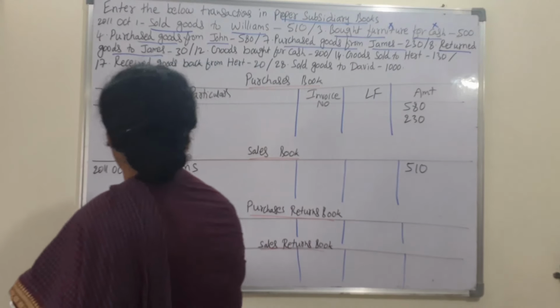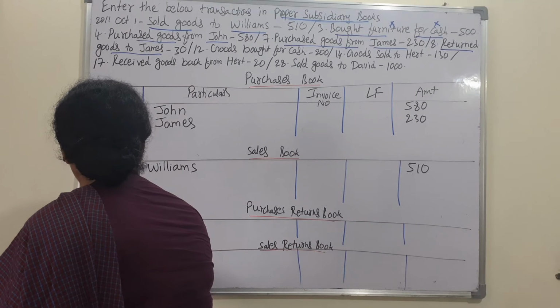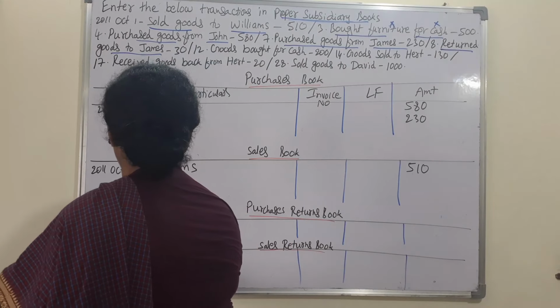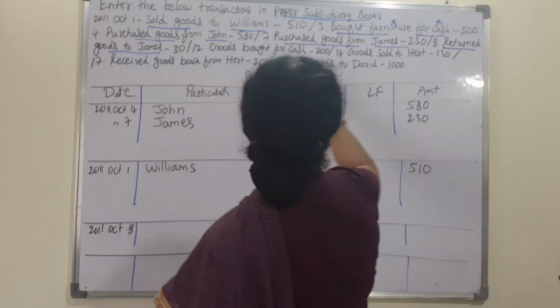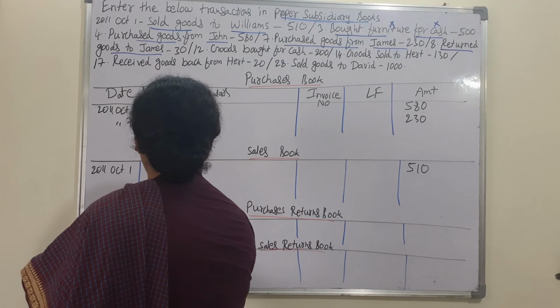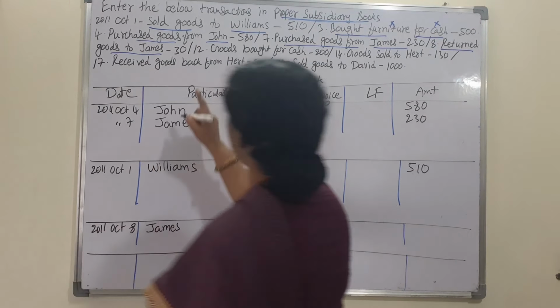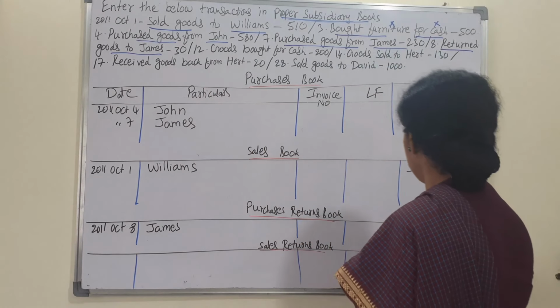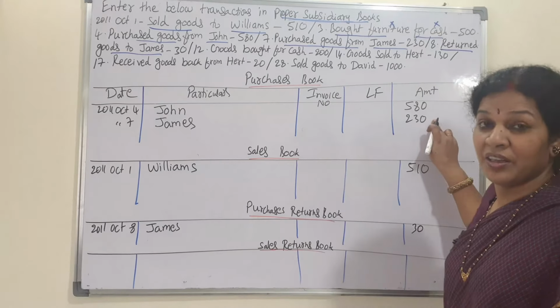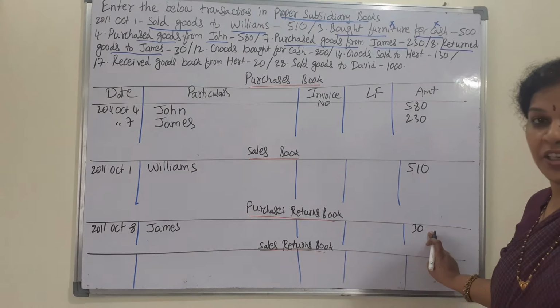I'll say 2011 October 8th, returned goods to James. So I'll write James. To whom are we returning? James. How much? 30 rupees. Out of the 230 goods purchased, we are returning 30.